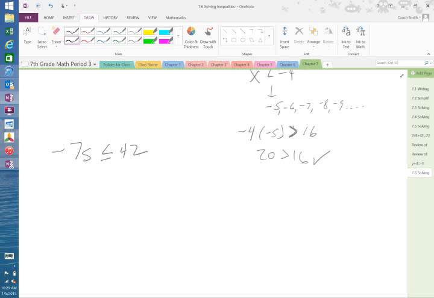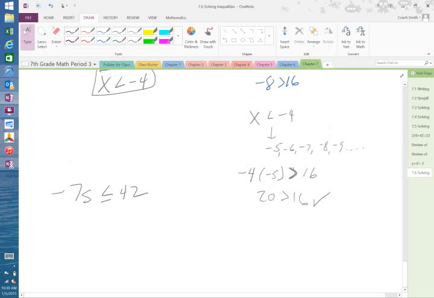Okay, now the way the back of the book does it is they'll give you, where we had a while ago x less than negative 4, they'll say all real numbers less than negative 4.